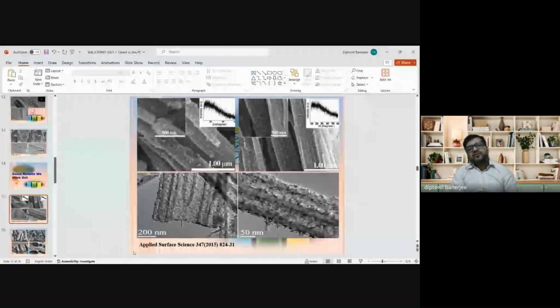This is a manganese oxide CNT hybrid. You can see that just by immersing our CNT in a KMnO4 solution for around 30 minutes and then drying the sample, we can have a very good MnO2 flake functionalized CNT. And this work was published in Applied Surface Science.